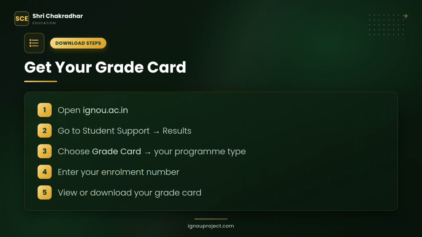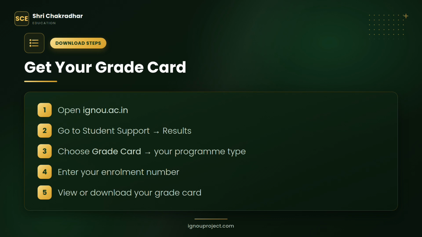Here is how to get the grade card that all of this is based on. Go to the official IGNOU website, ignou.ac.in. Open the Student Support or Results section, choose Grade Card, and then pick your program type, because the grade card portal separates BCA and MCA, bachelor's degree programs, and other programs.